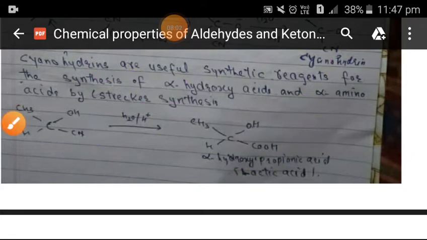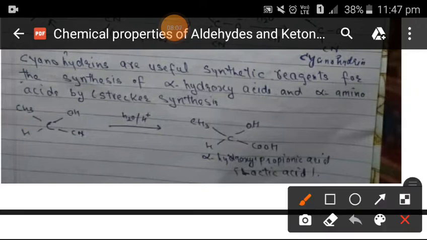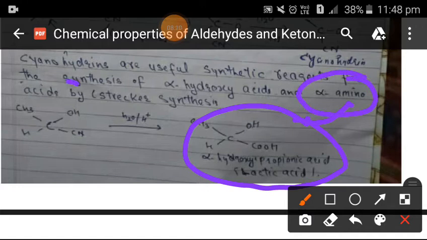This is called the Strecker synthesis. Clear? This is how alpha hydroxy propanoic acid, called lactic acid, is formed. Similarly, from the cyanohydrin we can prepare alpha amino acids.